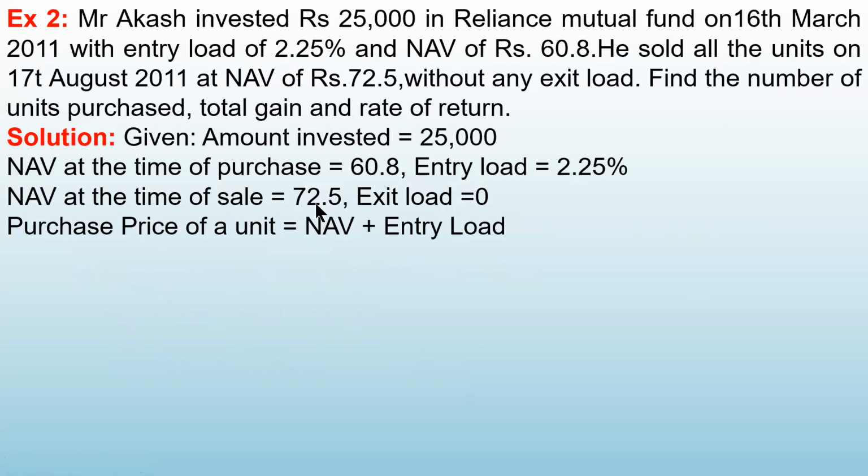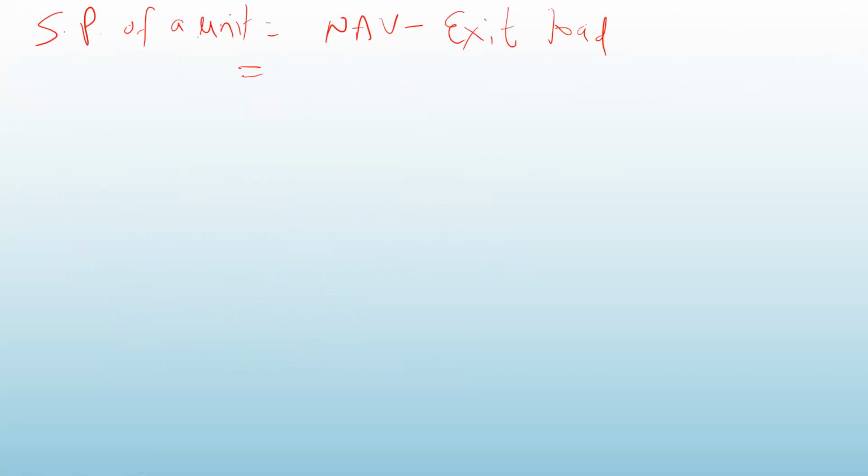So NAV is 72.5 and exit load is not there. It is 0. So that means the selling price of a unit is 72.5. Okay. So you have to find out the amount received.